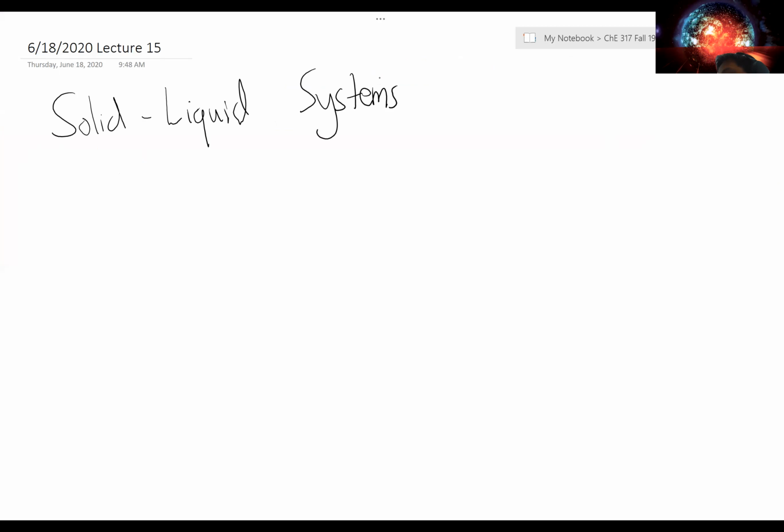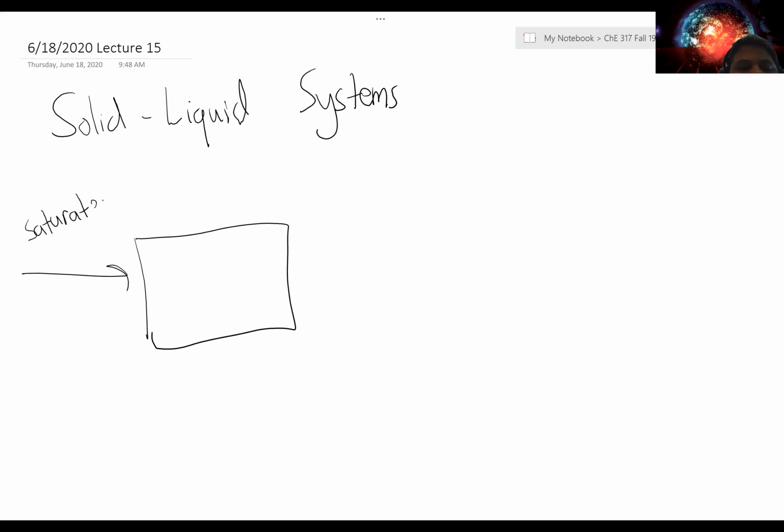One of the things that we were looking at is crystallization from saturated solutions, being one of the most common ways in which we achieve solid-liquid separation, where often we have a saturated solution and it's going to be solid in the liquid phase.